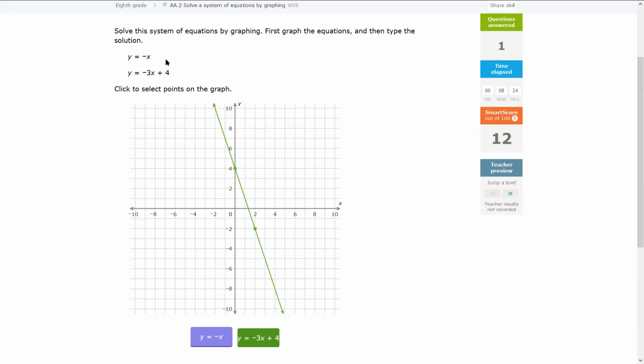What's the only number that you could have that would not show a y-intercept? Okay, so it would have to be 0, right?